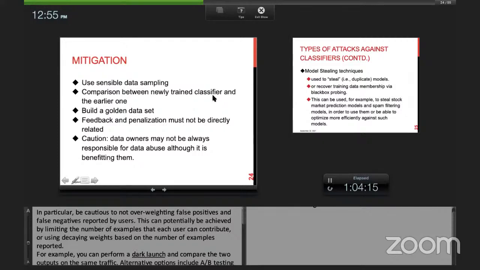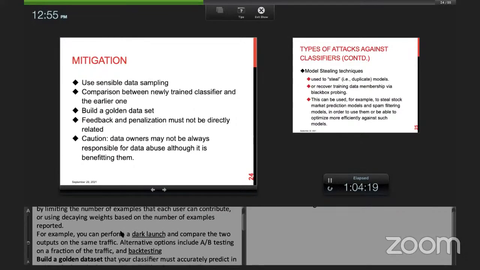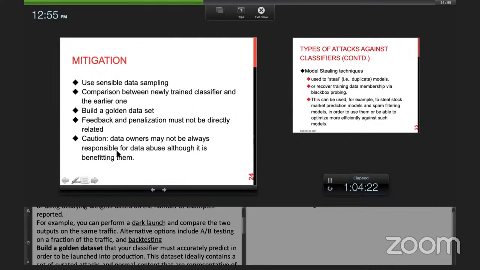What we can also do is compare the newly trained classifier with the earlier one. It is not a very problematic task. Suppose you have built some classifier with a particular set of training data, so you know what the results are, what the accuracy is, and other things.